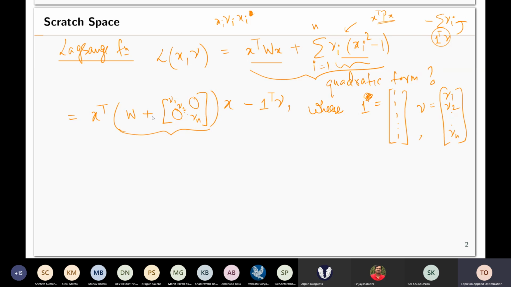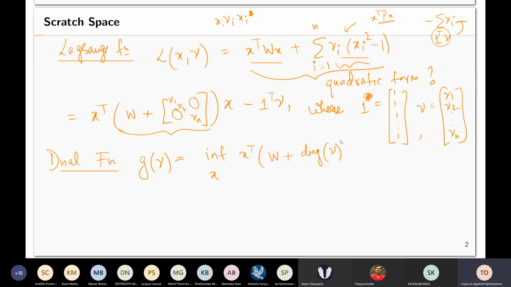Okay, now this was the Lagrangian. Now let us write down the dual function. In this case, since there are only equality constraints, the dual function is the same thing as saying the infimum over x of this guy. So this guy is x transpose W, and one of the notations that we use is something like this: make a diagonal matrix out of a vector.